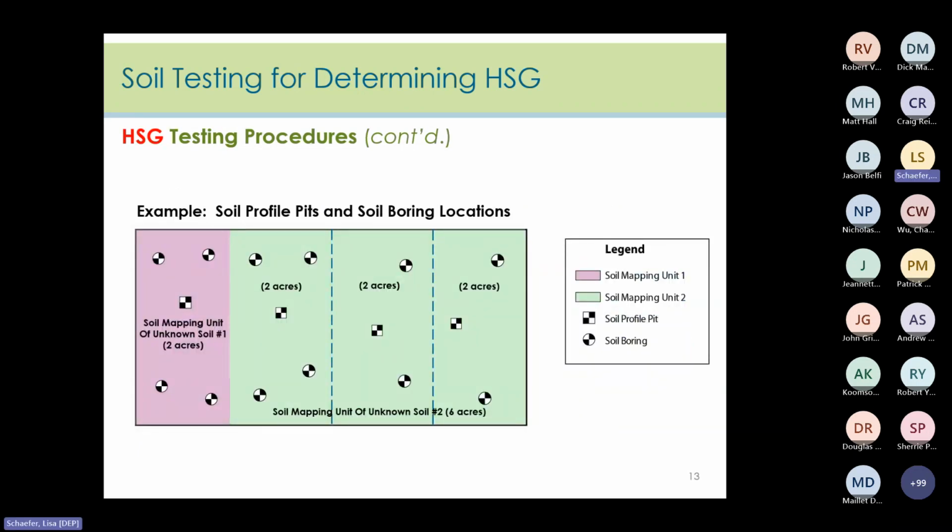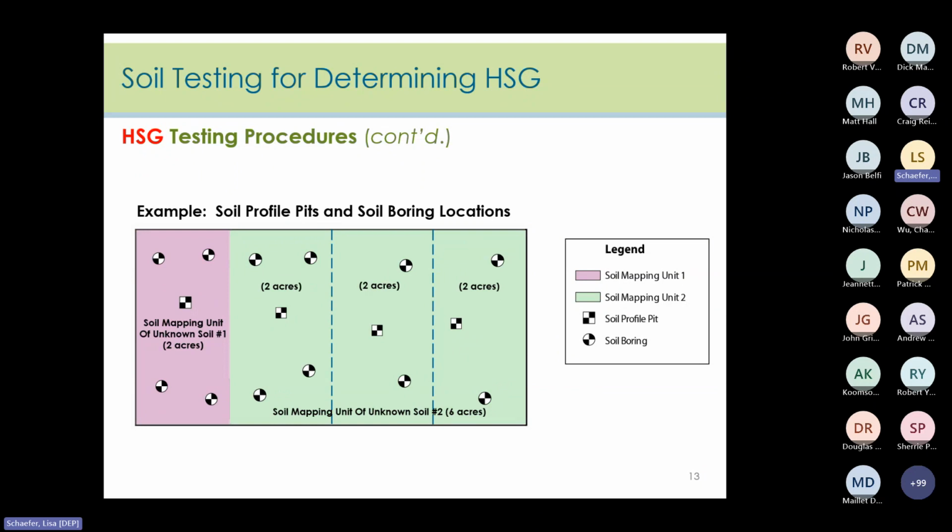The placement of soil profile pits and soil borings is also an important part of this requirement. Soil profile pits and borings should be completed equidistant apart within the boundaries of the mapping unit to provide adequate characterization. So let's look at these two examples. For the pink area, which is 2 acres in size, we see 1 soil profile pit and 4 borings, and this configuration meets the placement criteria.